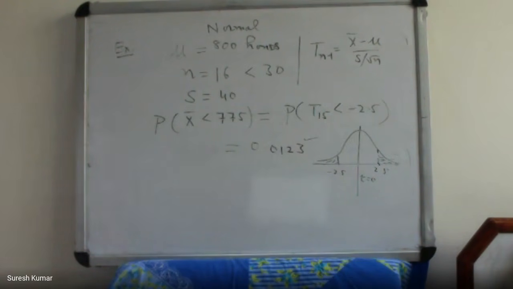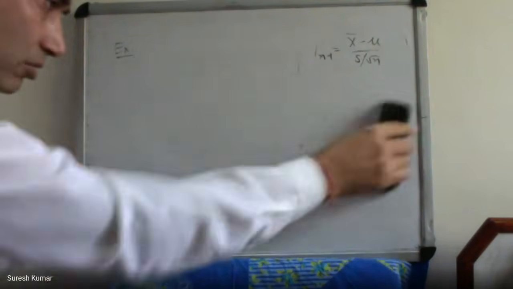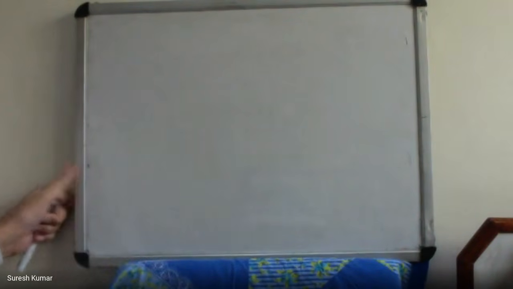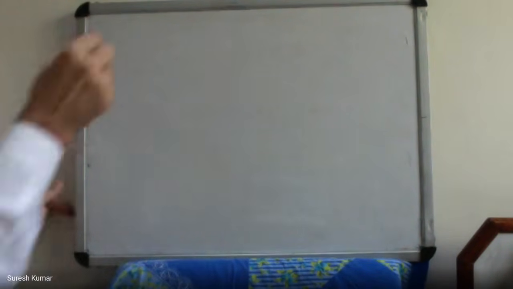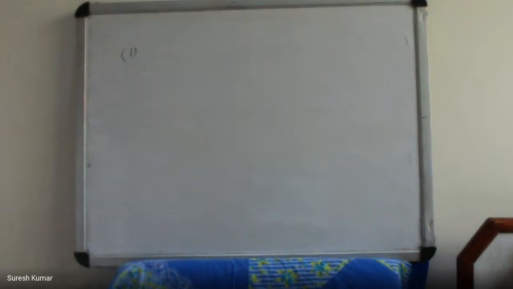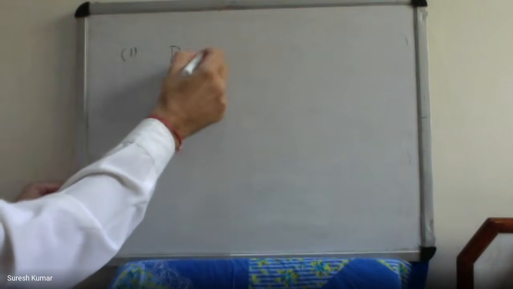Now, let's see what are classical methods for statistical inference. There are three methods that we will study for statistical inference. Let me tell you briefly about these methods one by one. First classical method for statistical inference is point estimation.